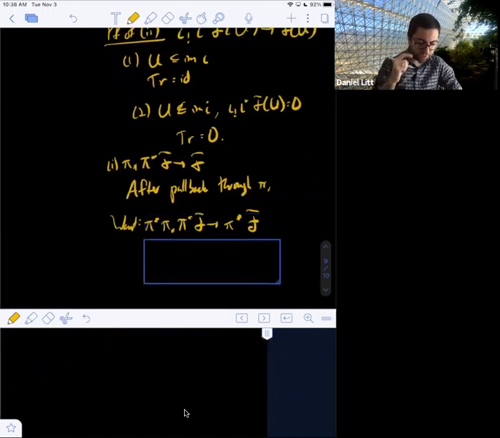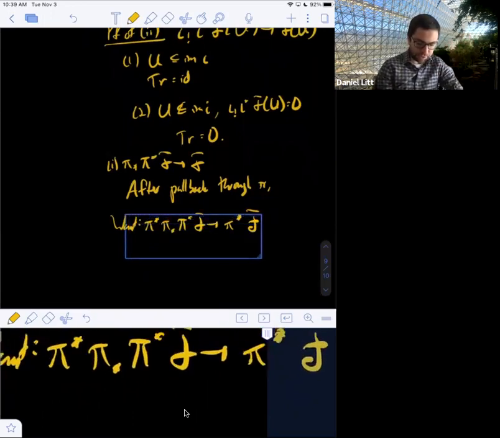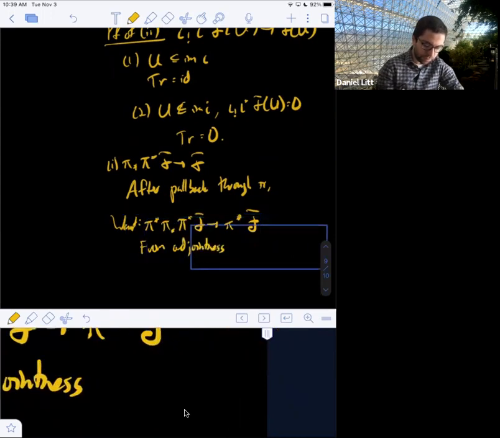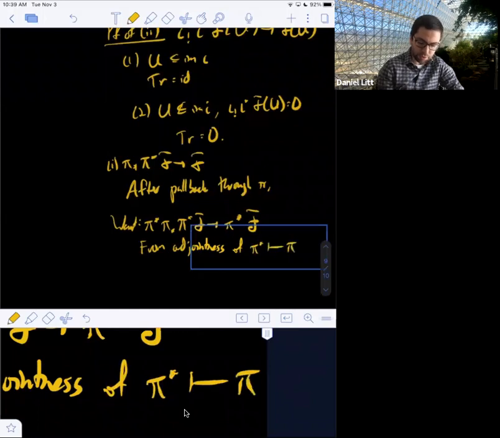This comes from the usual adjointness of pi upper star and pi lower star.